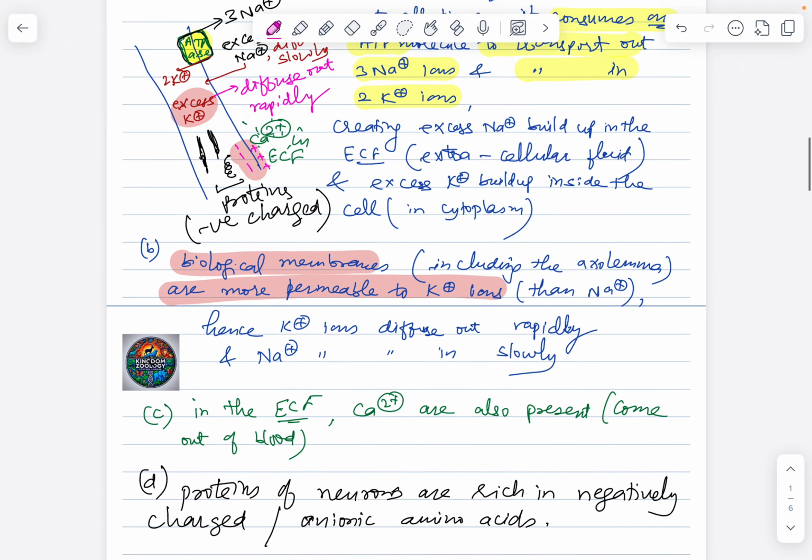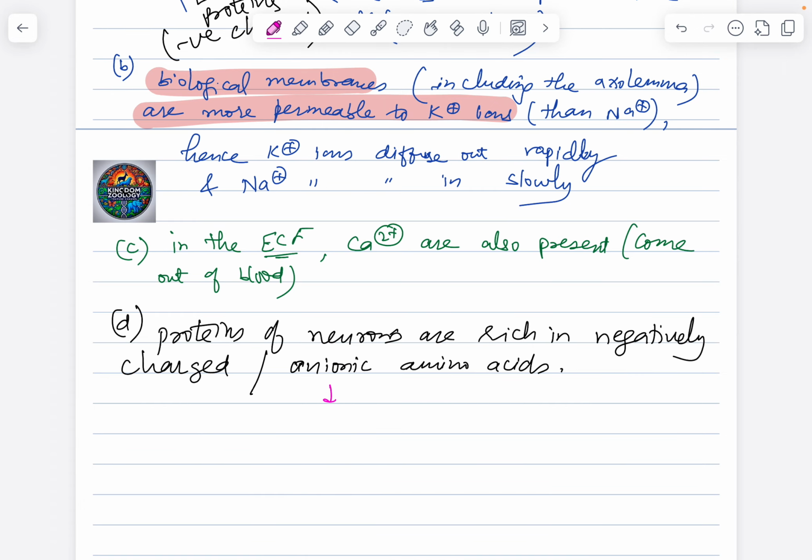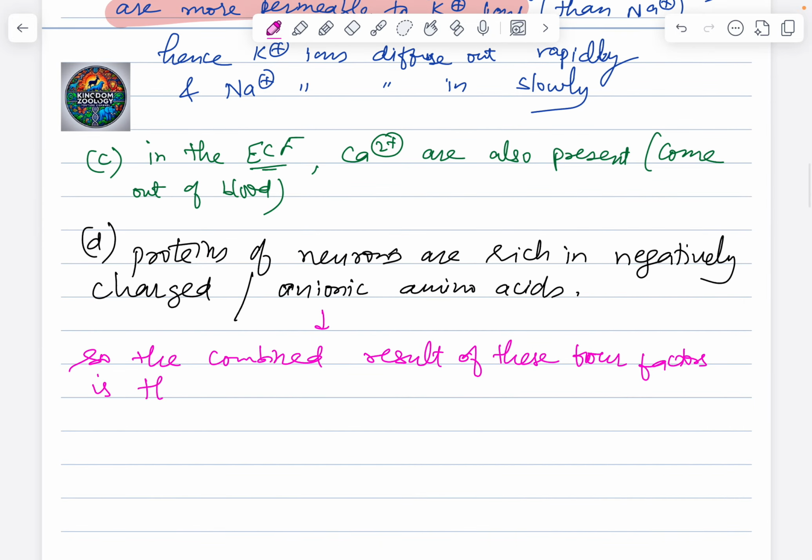So I think you got it, all the factors, right? So proteins are negatively charged, or they are anionic amino acid rich proteins. So the combined result of these 4 factors is the existence of resting potential.